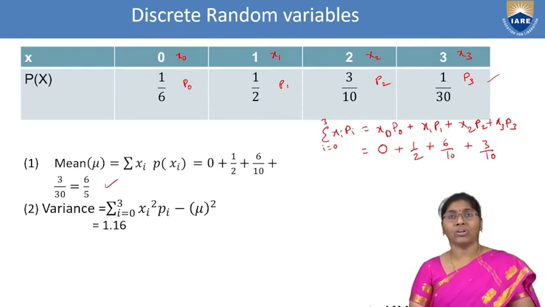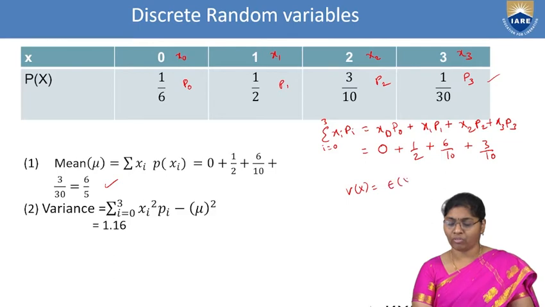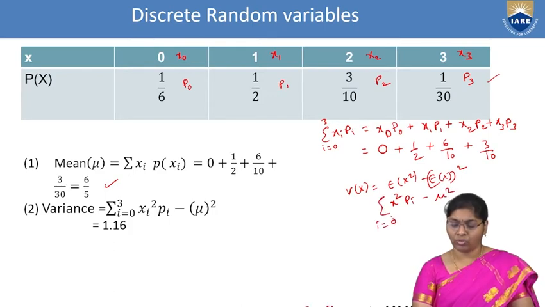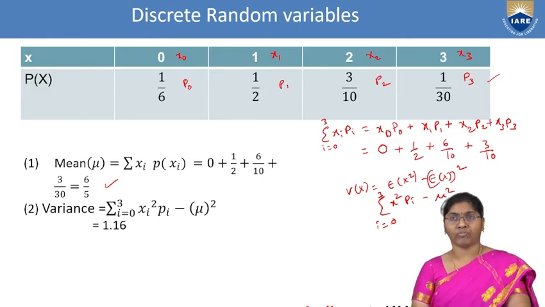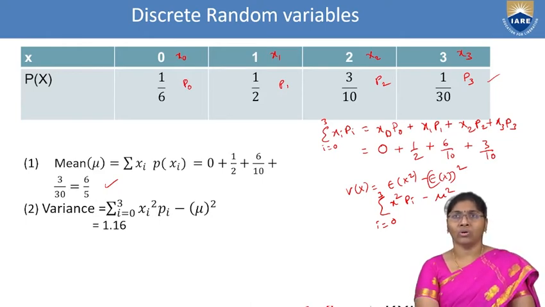Next one is variance. What is the variance formula? Variance V of x equal to E of x square minus E of x whole square. Simply we are writing it as summation of x square into pi minus mu square, with i equal to 0 to 3.